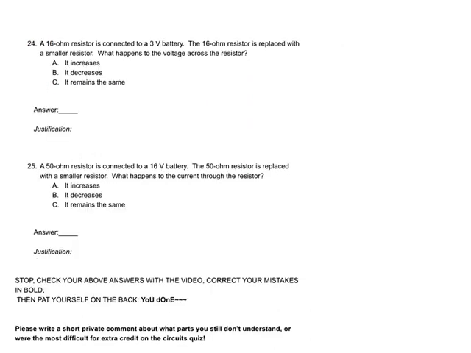Alright guys, we're so close to the end. Just 2 questions. So 24, a 16 ohm resistor is connected to a 3-volt battery. The 16 ohm resistor is replaced by a smaller resistor. What happens to the voltage? I kind of already insinuated, but the resistor does not change the battery. The thing that gets changed is your current.